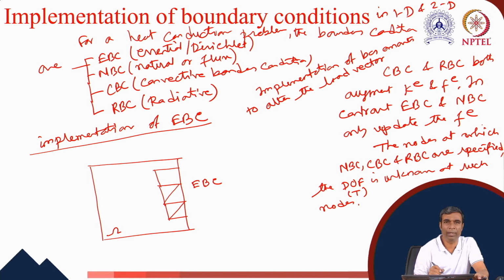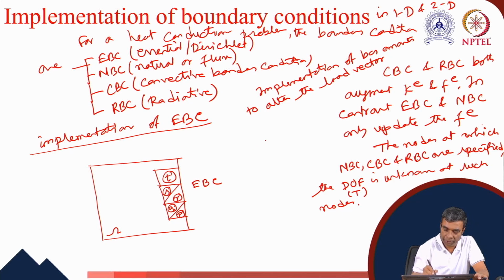So we shall use the essential boundary conditions here. So let us consider the elements are, this is, let us take as element P, this is element Q, this is element R, this is element S, and this is element small t. So these are the element numbers.